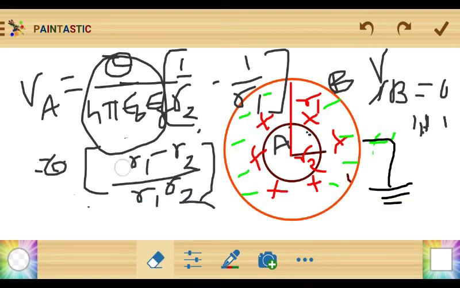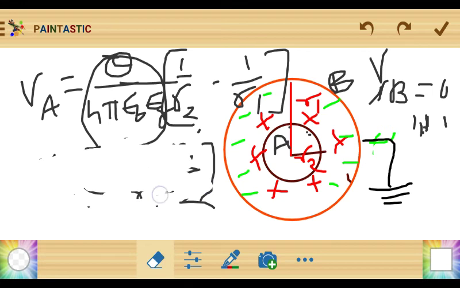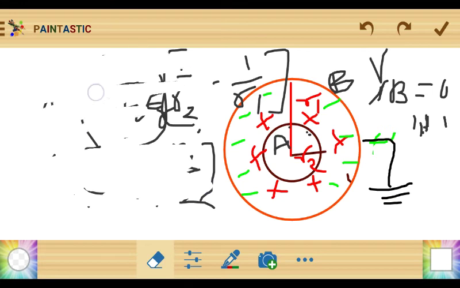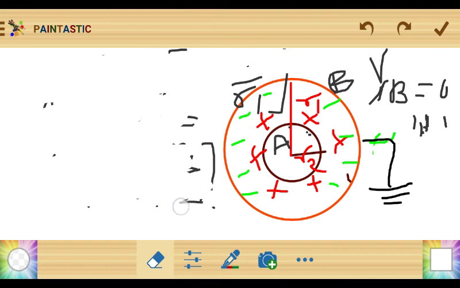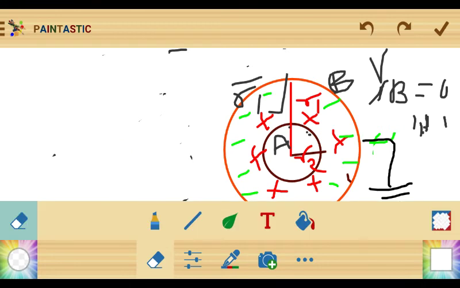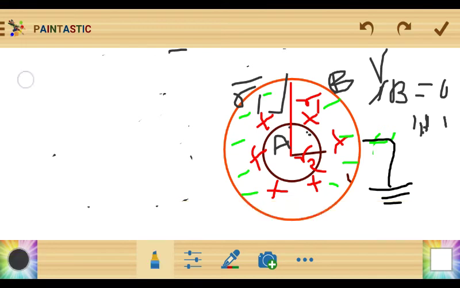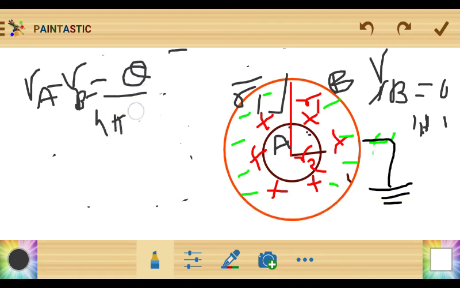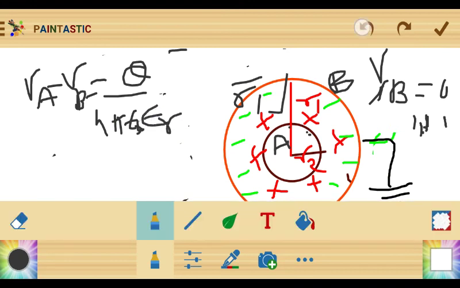So I'll rub this part, very small rubber, but we have to do it as our board is also small. So the total will be VA minus VB, and VA comes around q upon 4 pi epsilon 0 epsilon r. Okay, I'll make it more clear.